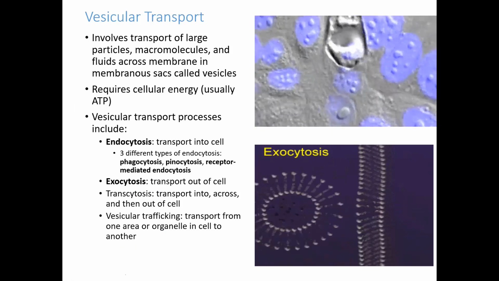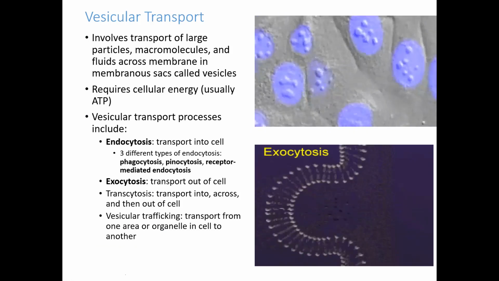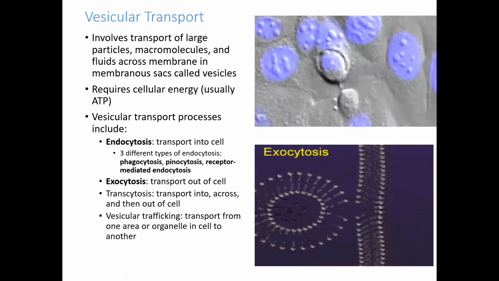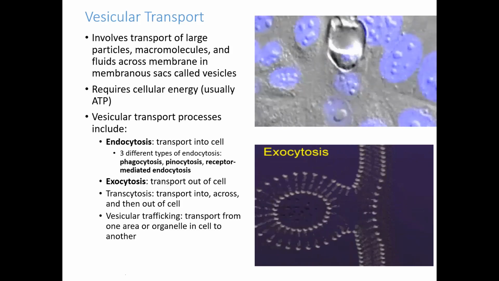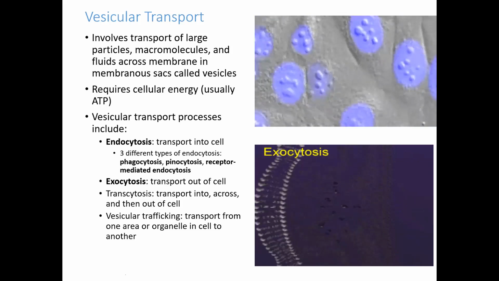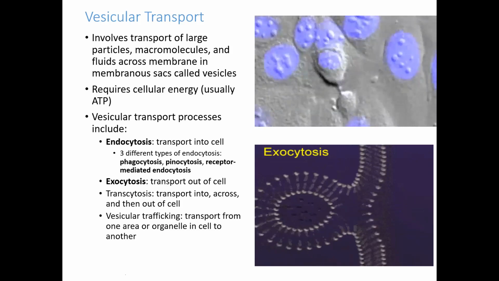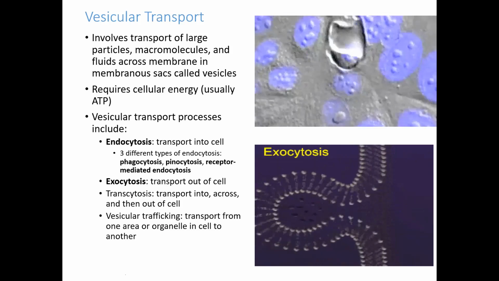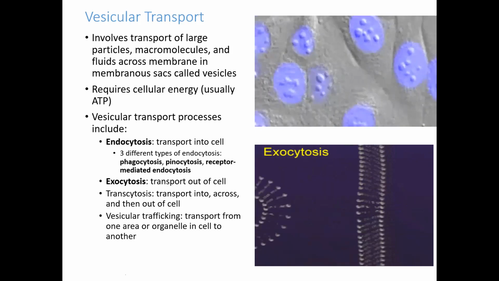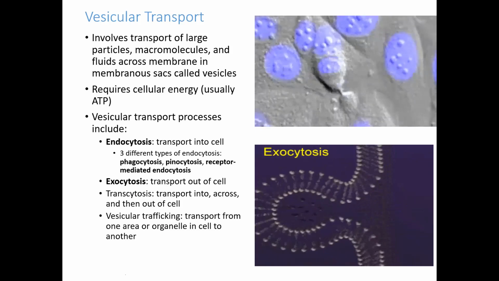So it's the phospholipid bilayer. And we can move things into the cell or out of the cell. We form this bubble called a vesicle, made up of the same phospholipid bilayer, and it will fuse with the cell membrane. So you're never punching a hole in the cell membrane, but you're still bringing stuff in.